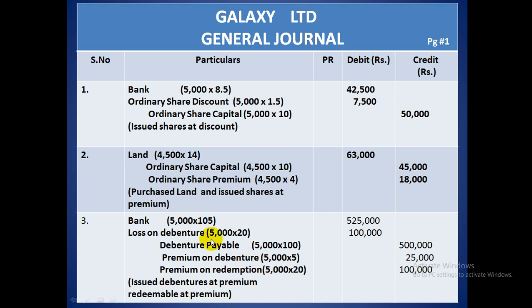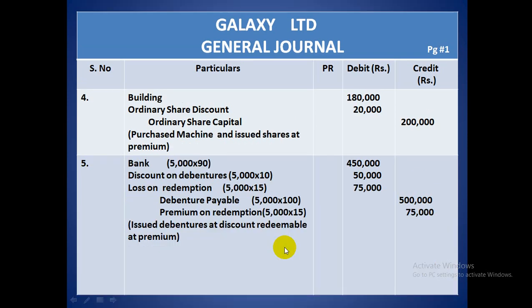So this is how our transaction of issuance of debentures at premium, redeemable at premium will be recorded. Always record the loss on debenture or the premium on redemption by comparing the value of redemption of debenture with its par value when you are recording it. So our three transactions are recorded.